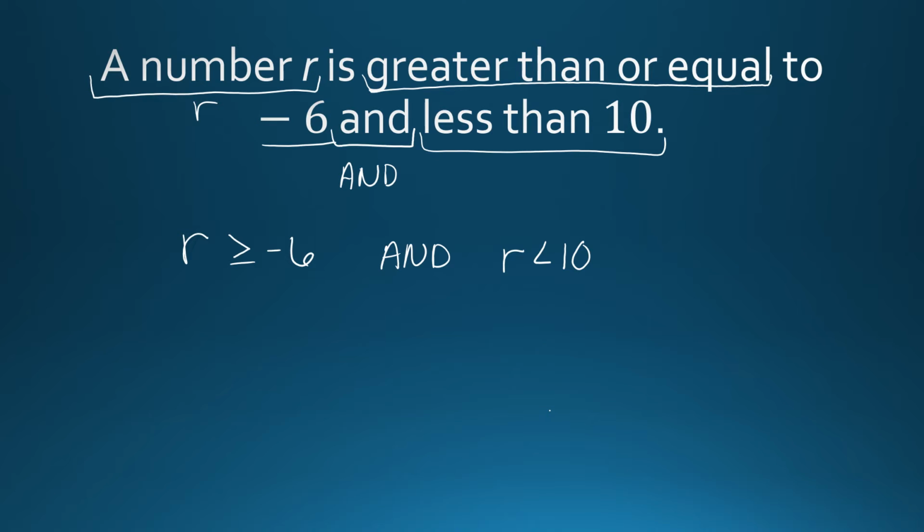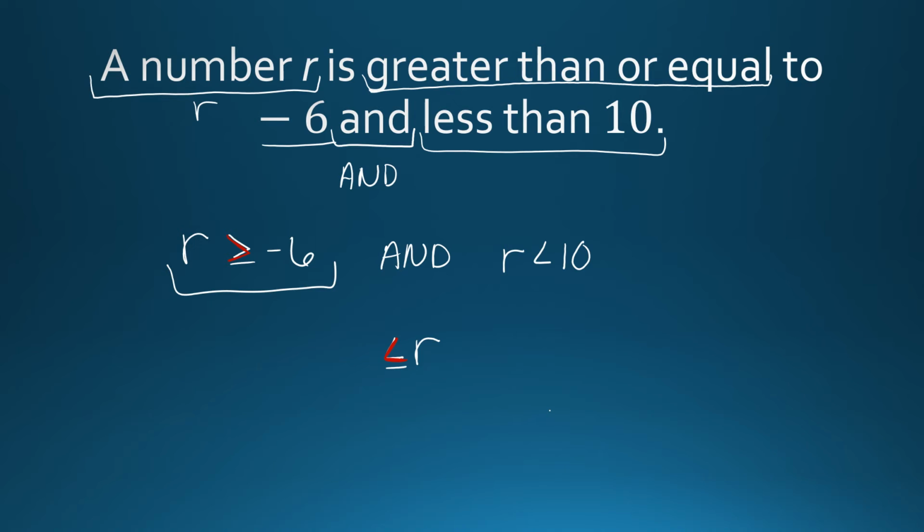And so what I like to do is you can either keep them separate, or sometimes you'll see it where you have r in the middle and you have a less than or equal to symbol, and same thing, either to the left or to the right of it, depending on your situation. And so if we want to write these as one inequality sandwiched together, r is greater than or equal to -6. -6 is the smaller of the two numbers, so we're going to use that greater than or equal to symbol and flip it around so it's still opening towards the r.